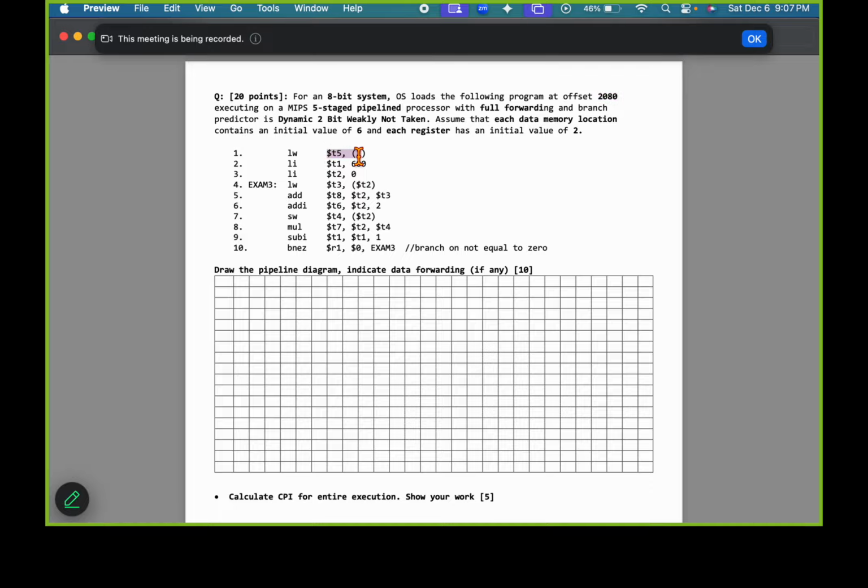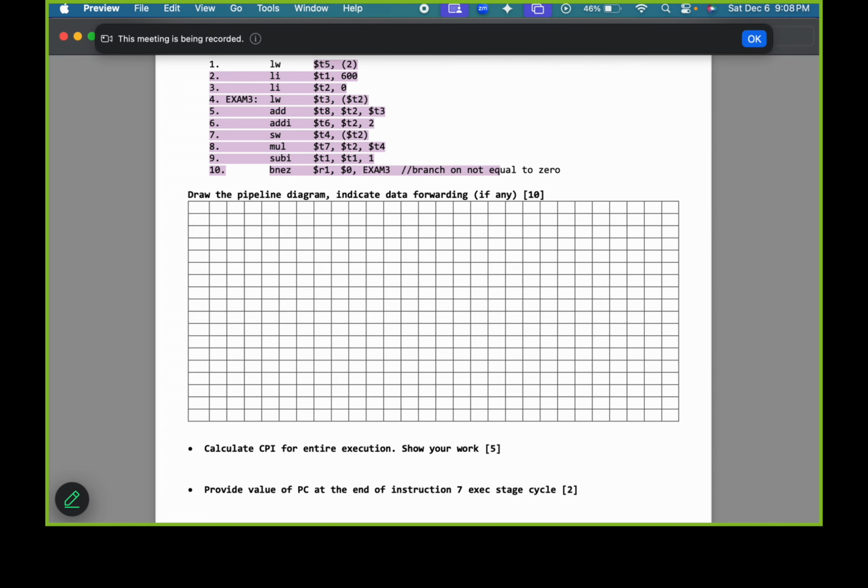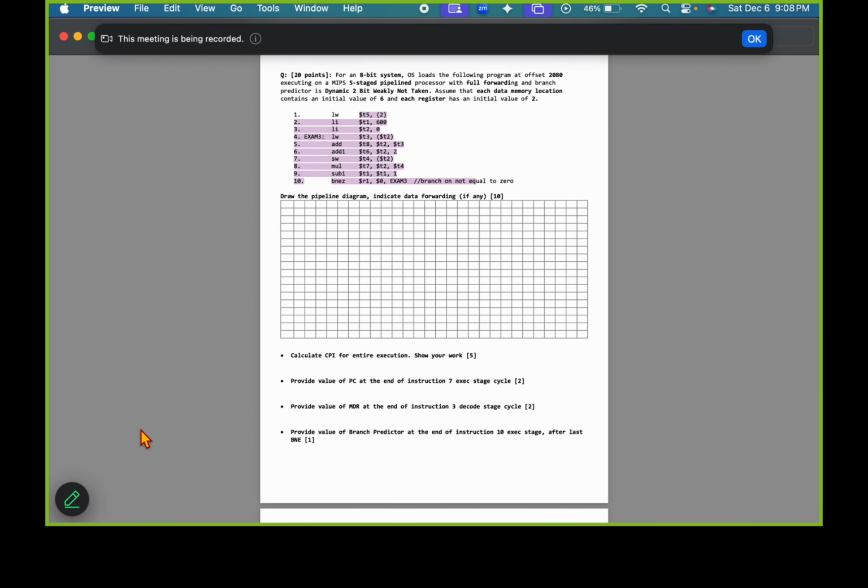And you can just keep adding and adding until you make it to instruction 7 over here. And it's asked at the end of instruction 7 exec stage cycle. So this is going to just mean, what is the PC going to be pointing to for the next instruction, right? We want to make sure that we know with the pipelining.